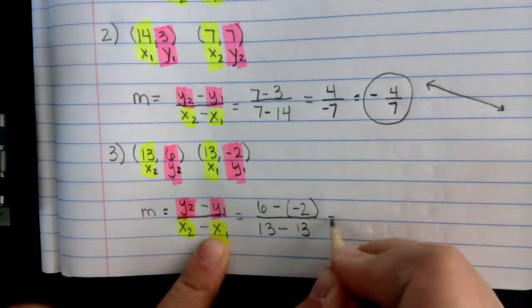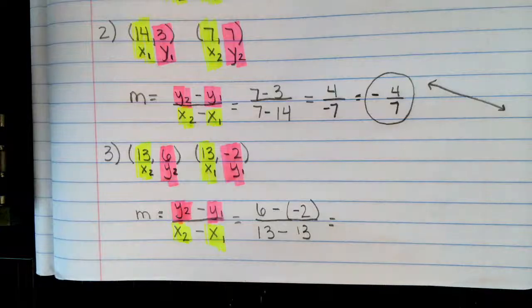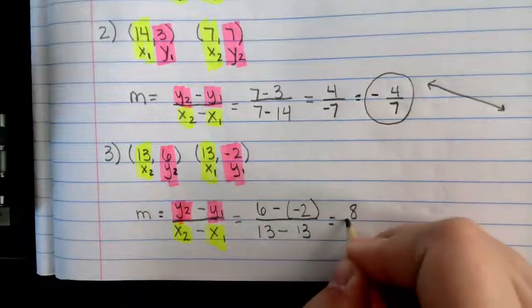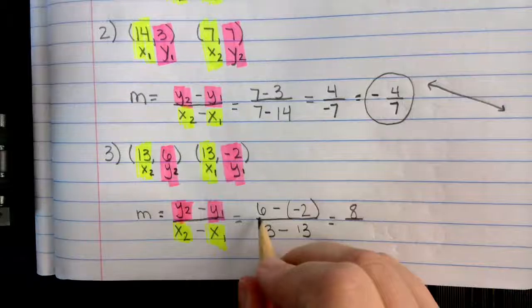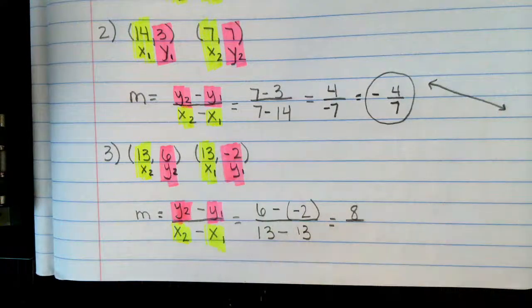It doesn't matter which ones are 2's and which are 1's, as long as the 2's go together and the 1's go together. What is 6 minus negative 2? Positive 8, because we go backwards from the negatives. So this tells us start at 6 and then go away from the negative 2. Away from the negatives is positive 2, so we get 8.